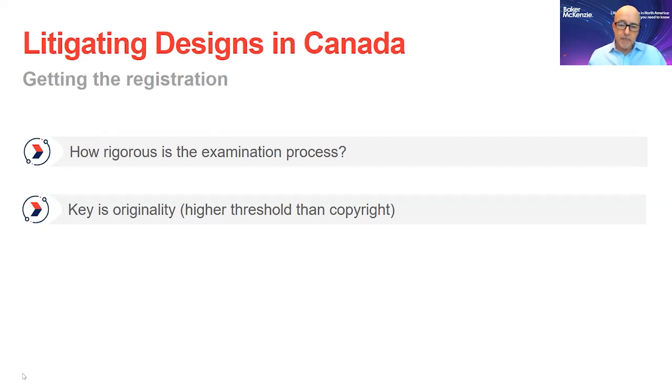So prior art needn't be identical. The question is substantial similarity, and that's not always picked up in the registration process. Obviousness per se isn't part of the exercise, although it can be brought in implicitly through the originality requirement. Next slide.